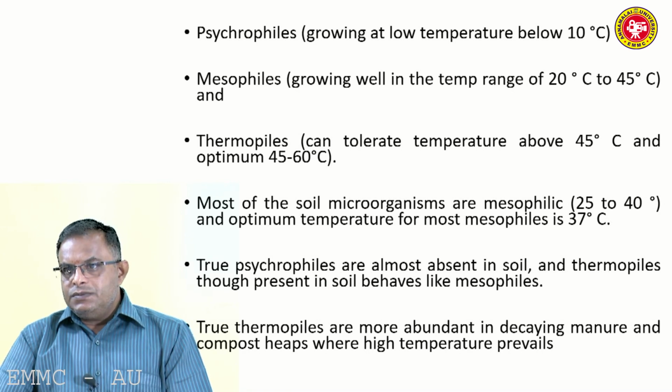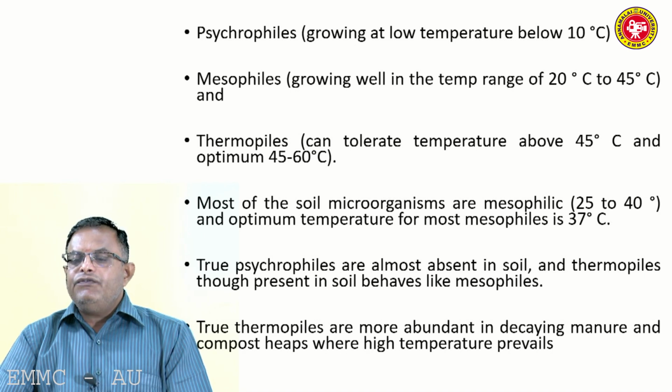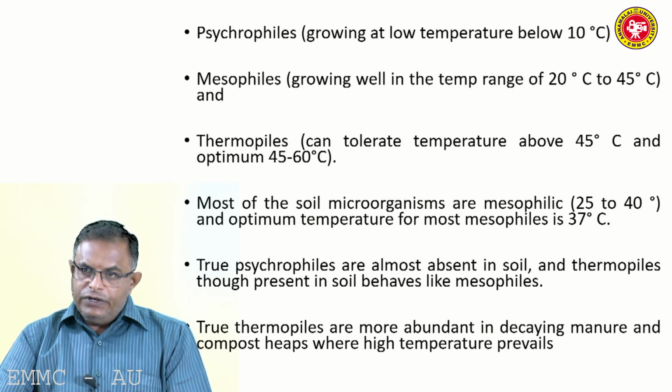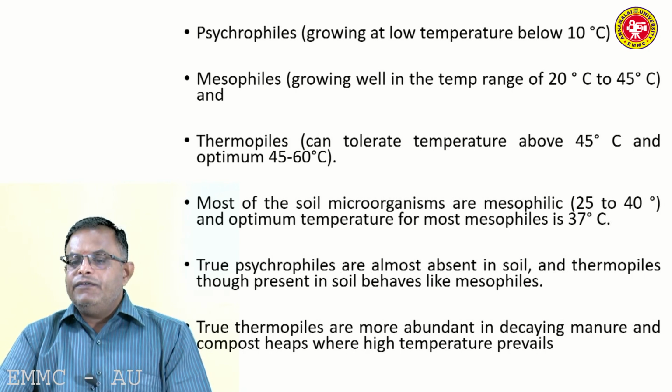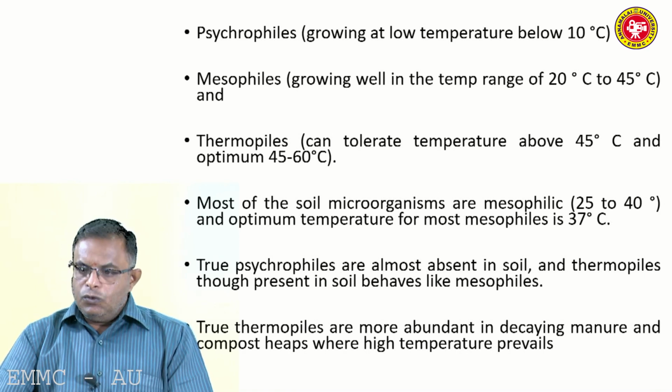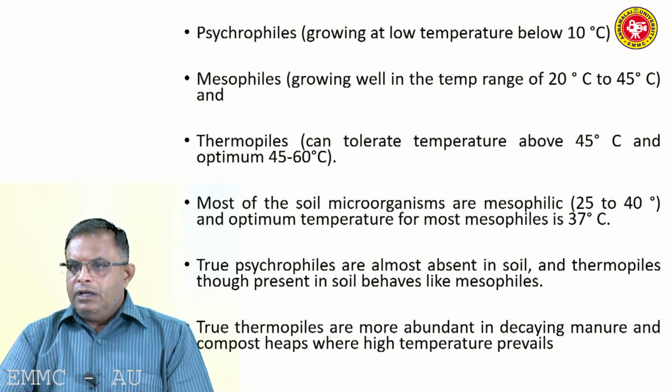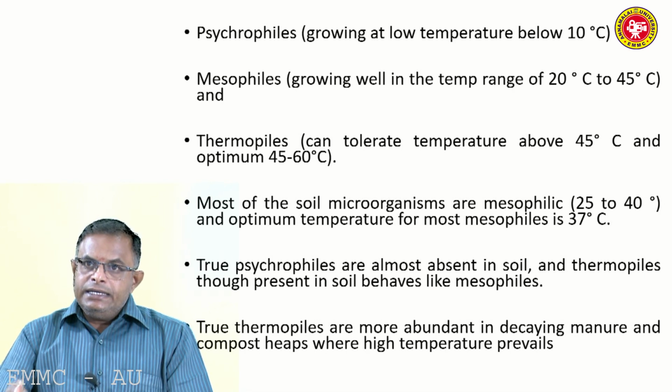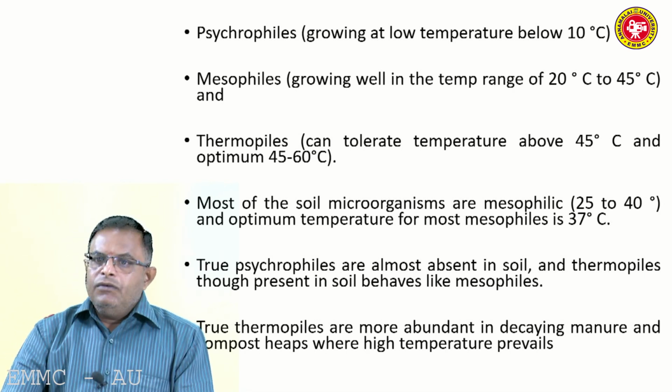Mesophiles are organisms which grow in the temperature range of 20 to 45 degrees Celsius, and thermophiles grow above 45 degrees Celsius, with an optimum range of 45 to 60 degrees Celsius. Most soil microorganisms are mesophilic, because it is the optimum condition for the growth of crop production.